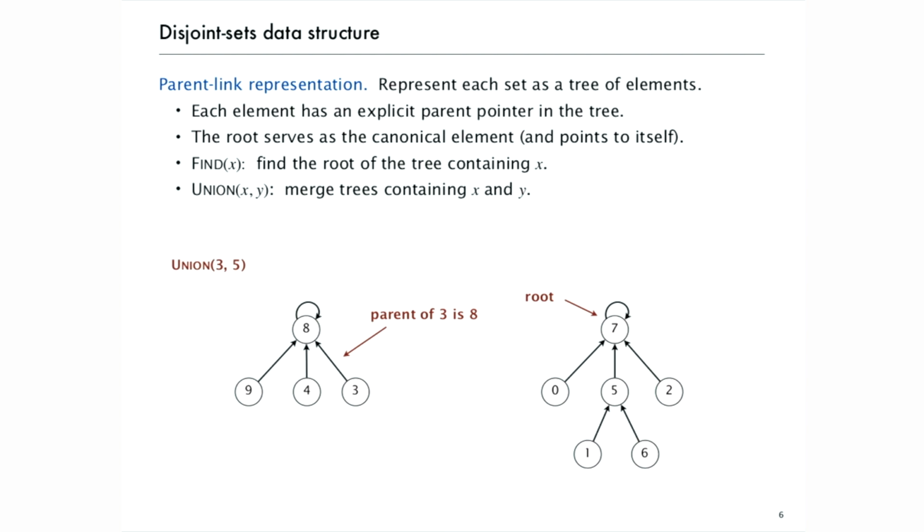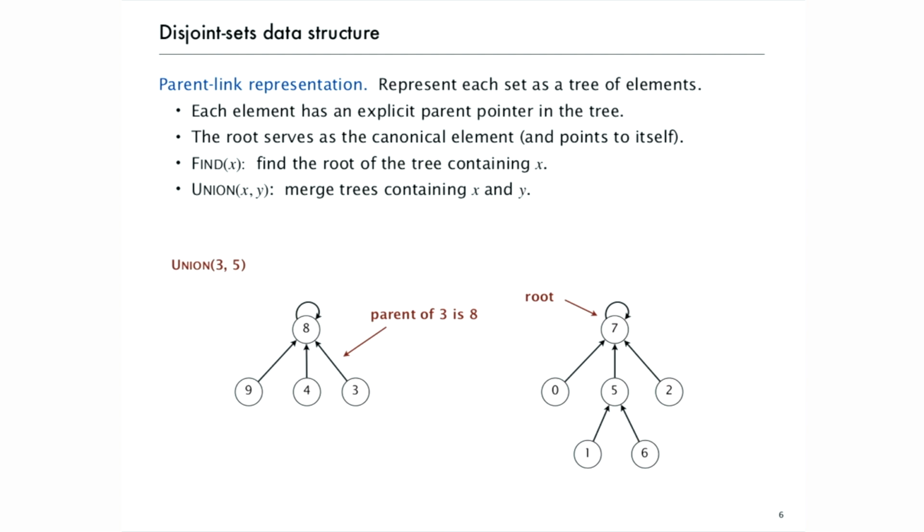Look at this: the canonical element, or the root of this tree, will have a self loop, so it doesn't point to anyone else. This guy is going to serve as the canonical element of this set, and it points to itself. Everybody points to its parent, but the root, or the canonical element, points to itself.